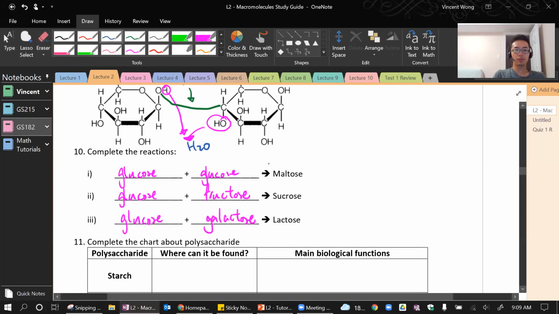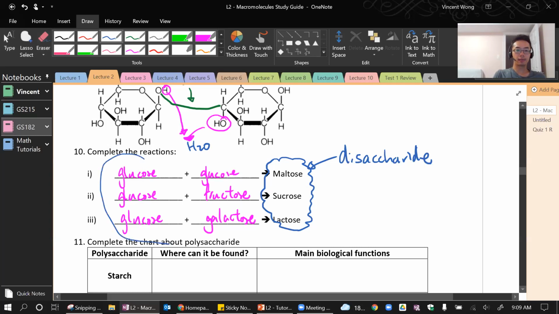These things over here are what we call disaccharides. Saccharide is sugar, so these are double sugars because they contain 2 monomers.